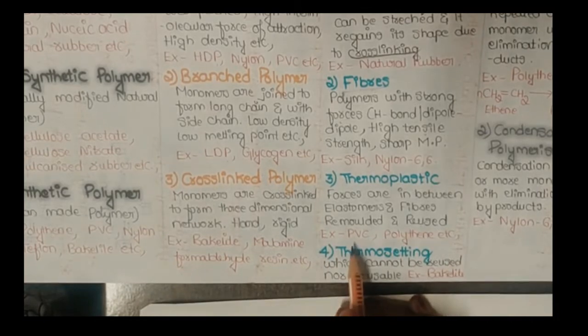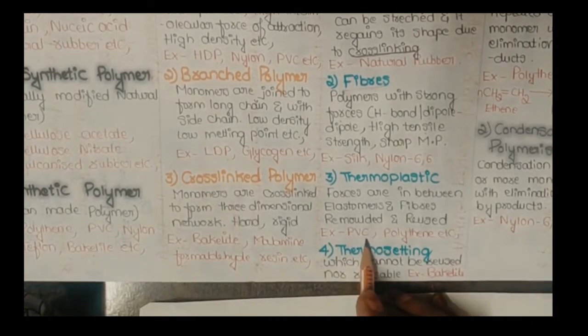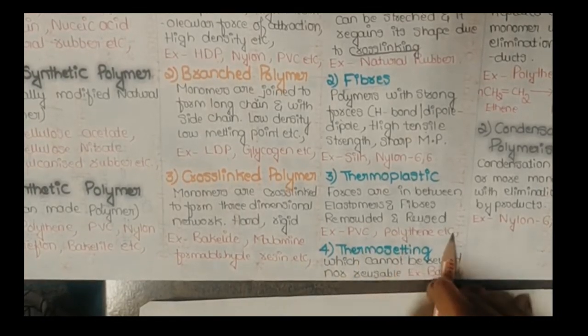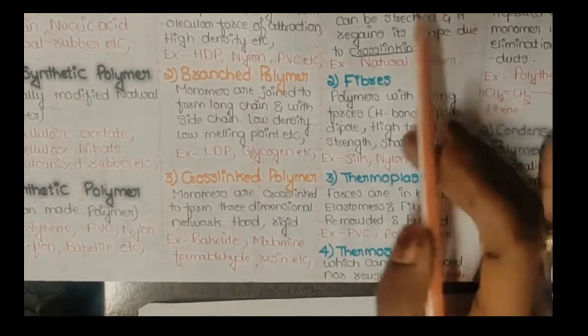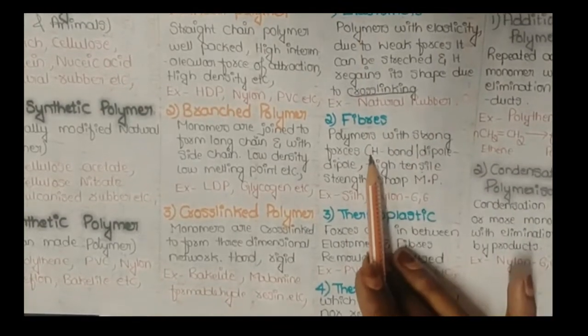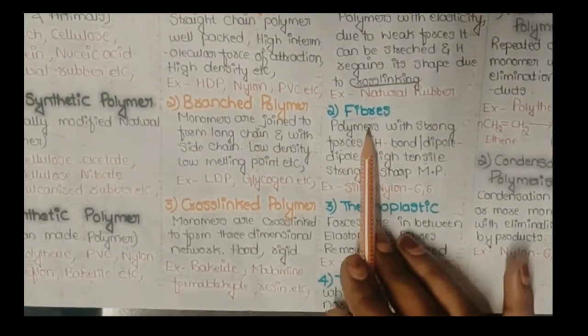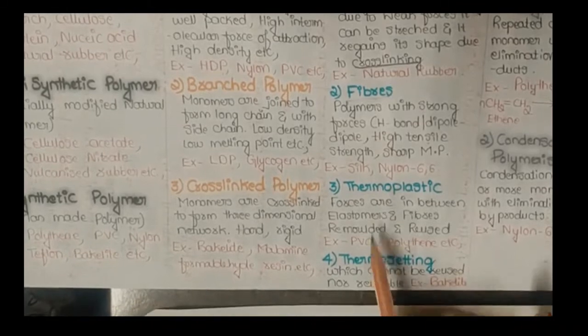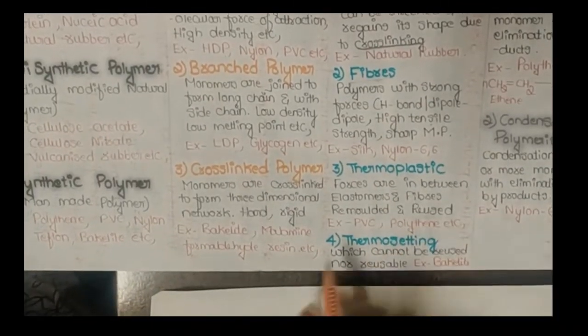So the best example is polyvinyl chloride, polythene, etc. I hope you know that. The first classification is based on rubber, the second classification is speaking about the fiber, fabric, and the third and fourth are speaking about the plastic.